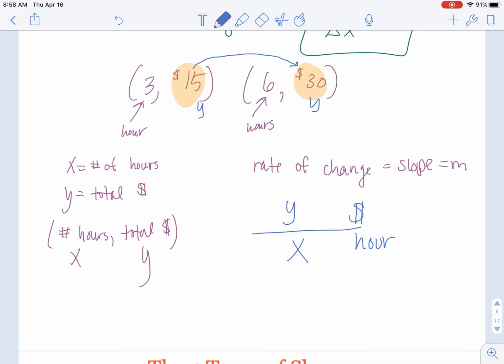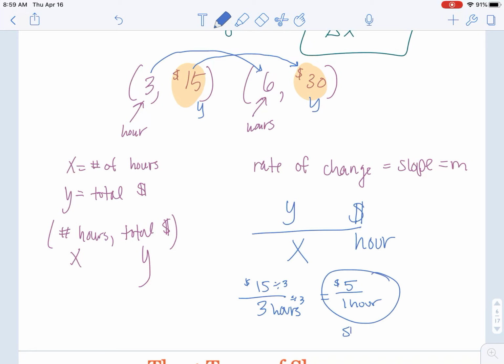That's okay. So it's going to be $15. It changes by $15 going from 3 to 6 in 3 hours. Now that's not fully simplified. I can simplify by dividing by 3 and I get $5 per 1 hour.